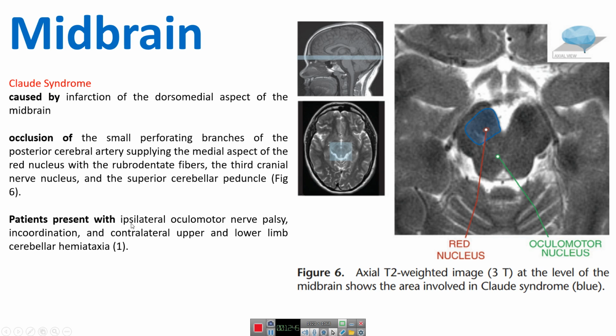The affection of the ipsilateral oculomotor nerve results in incoordination and contralateral upper and lower limb cerebellar ataxia. This cerebellar ataxia is due to involvement of the superior cerebellar peduncle.